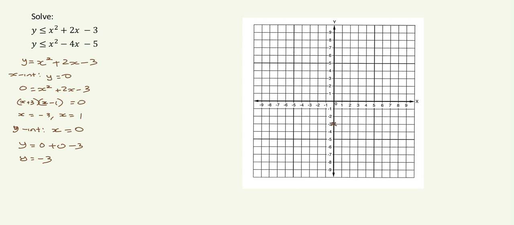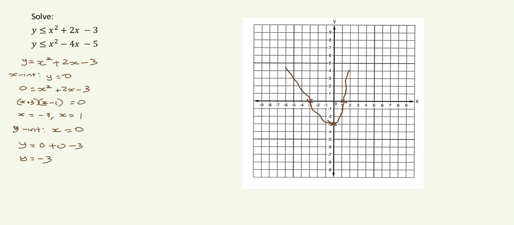And then we have x equal to negative 3 and x equal to positive 1. So what we're going to do now is join these points together to create a quadratic. So let's do this right here.